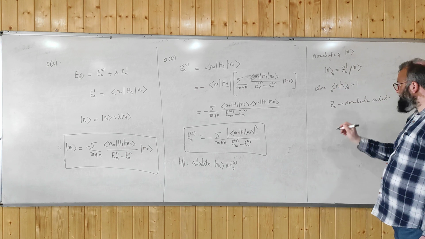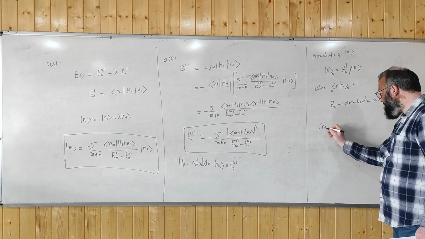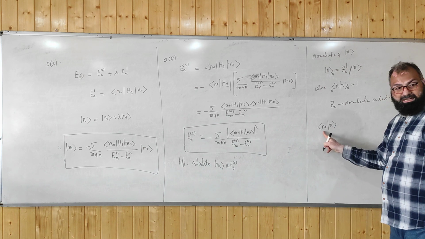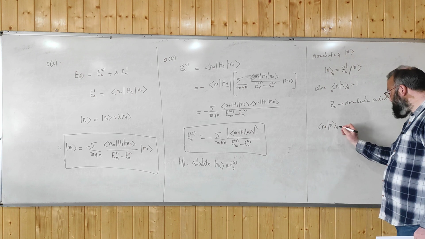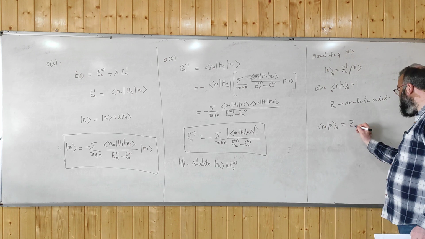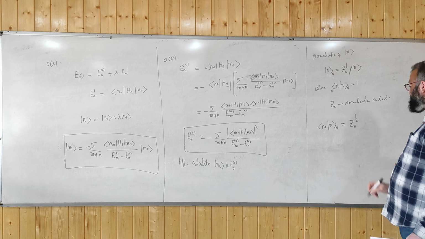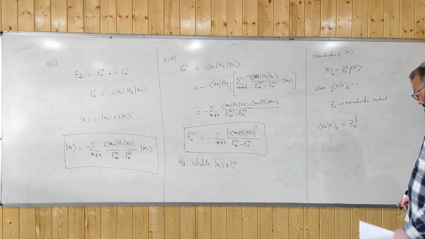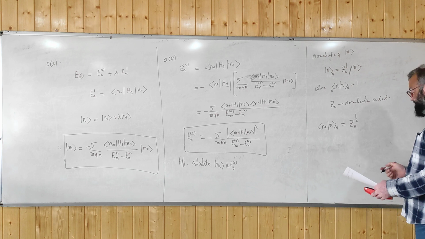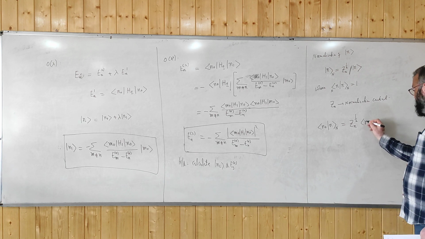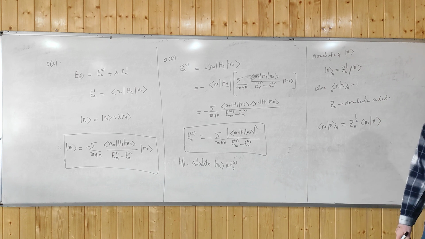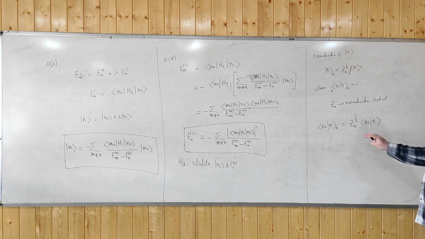Now let's multiply this one by n naught. So n naught is the unperturbed state. Clear? So I'm having this way, you are having this Zn to the half.